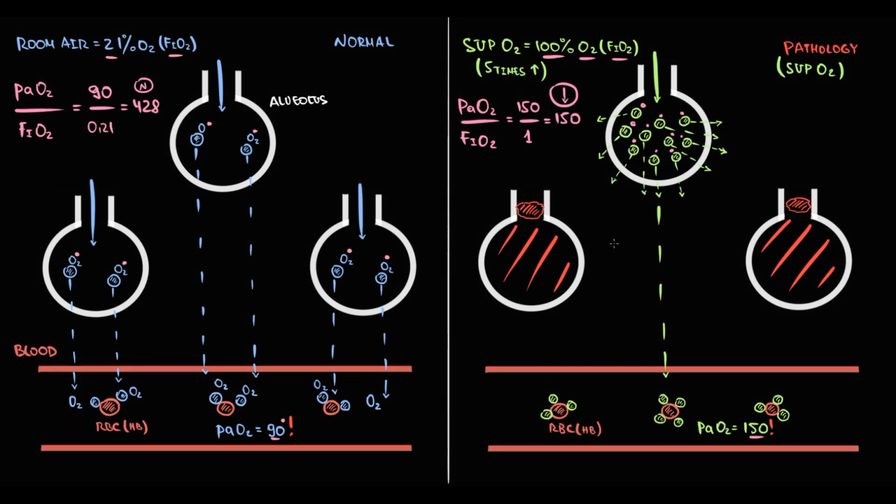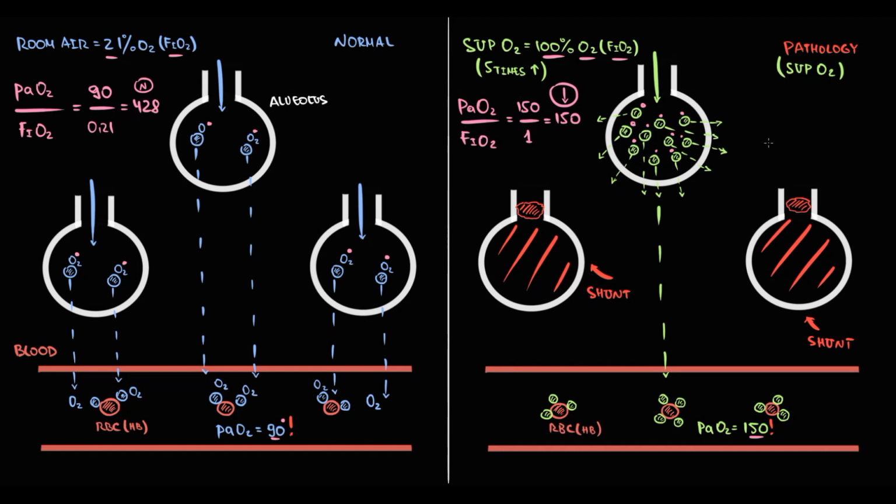So in this case, we know that only because of supplemental oxygen, this person has normal or even elevated partial pressure of oxygen in the arterial blood. So without supplemental oxygen, he will immediately have severe hypoxemia. And the reason is that 2 out of 3 alveoli in the lungs are not working.